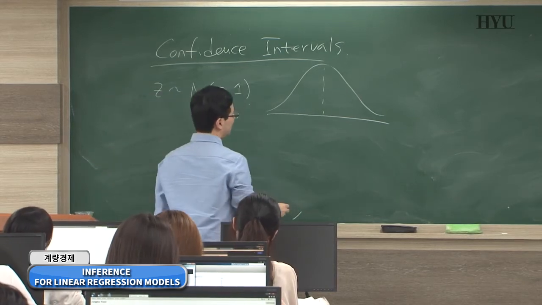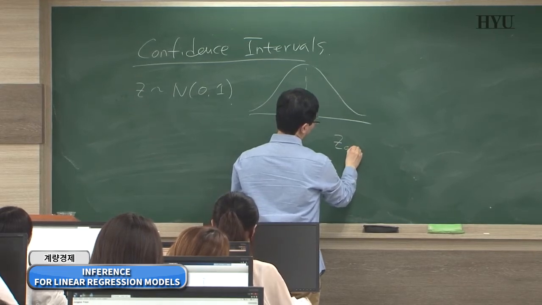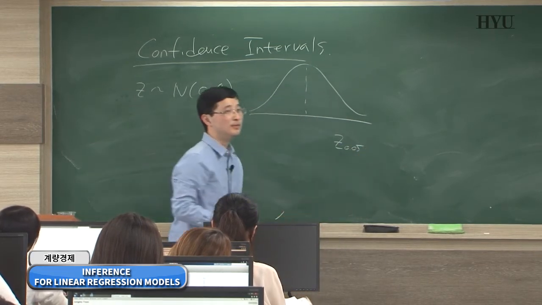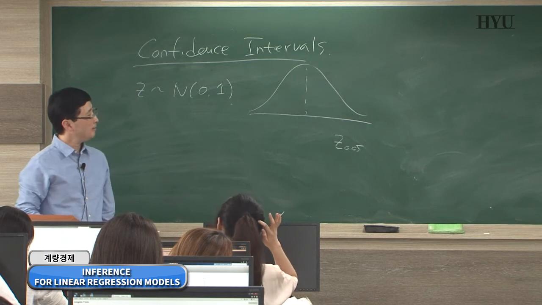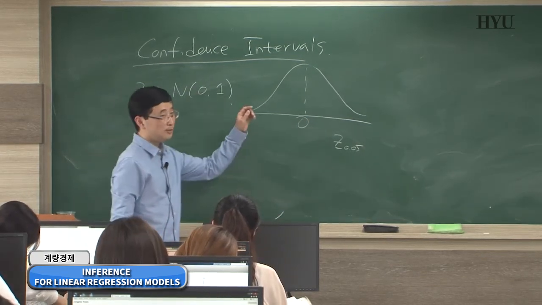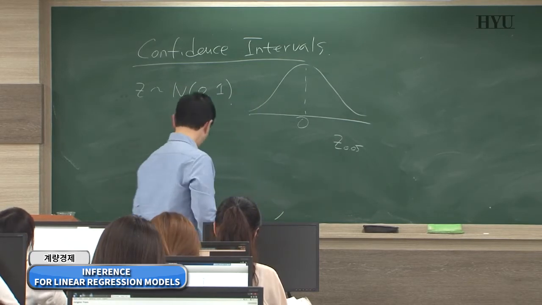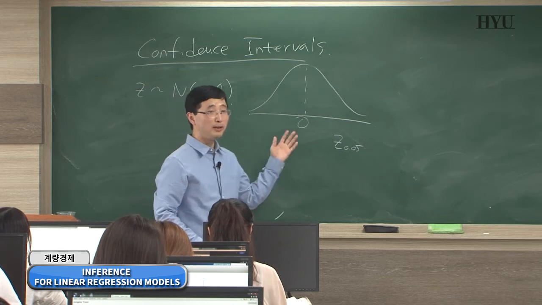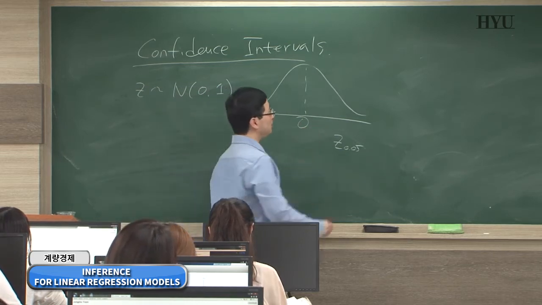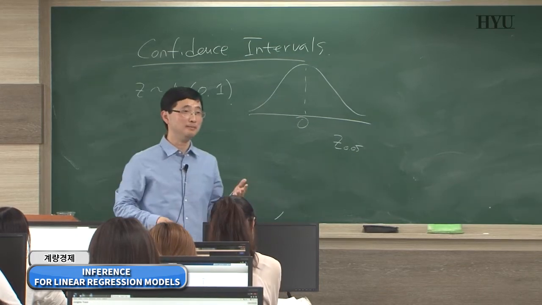Do you remember this notation? g of 0.05. What does it mean? By the way, the center is 0. So in statistics, this value means the value of the random variable such that the probability to the right is equal to 0.05, 5%.